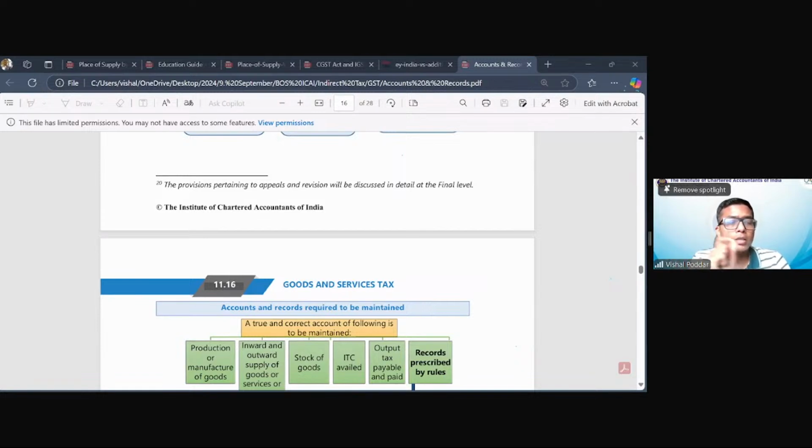You are only getting the rights to use. That is, that thing is still mine. I remain the owner, but I allow you the permission to stay there, to use it. That is what is right to use. I hope your question was this only, and I have answered it.